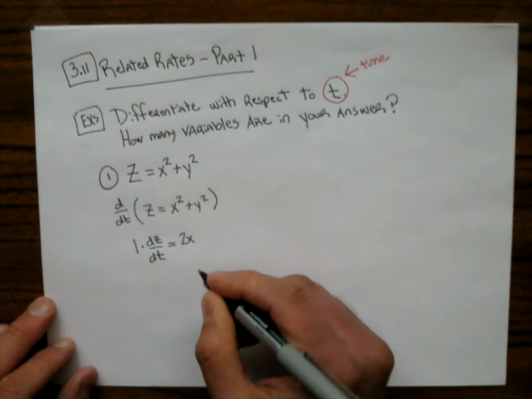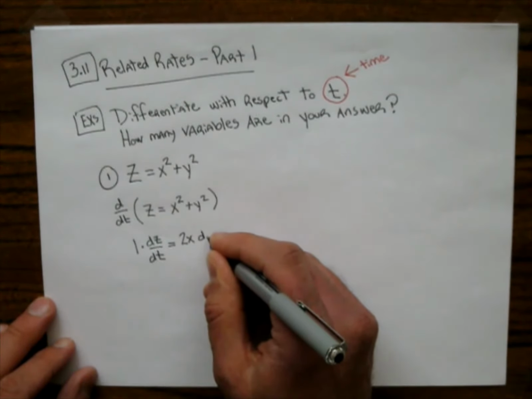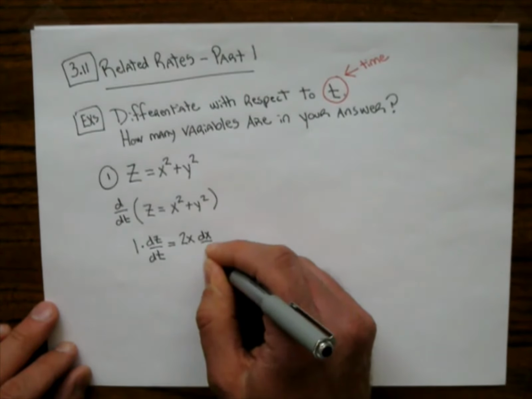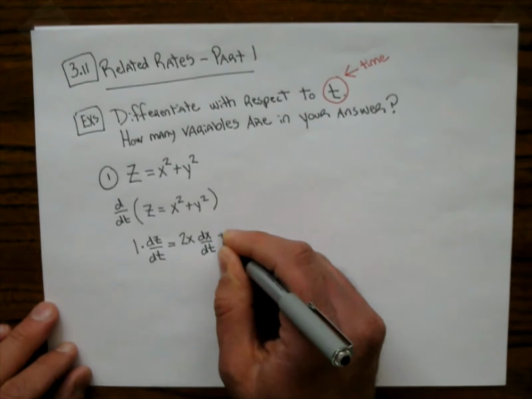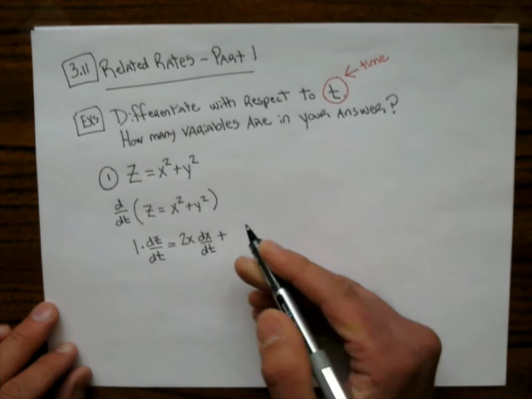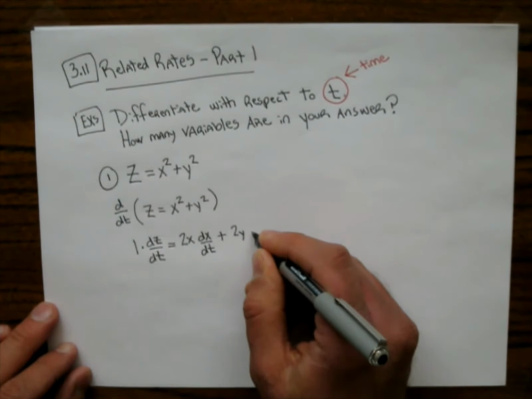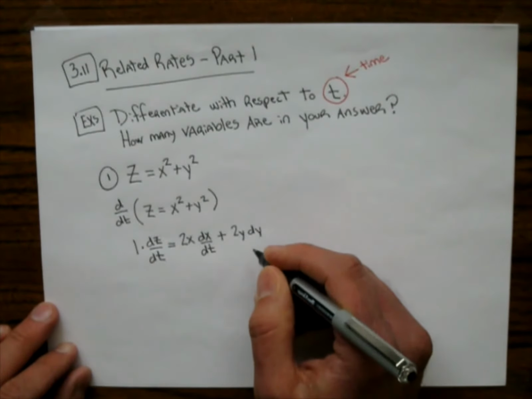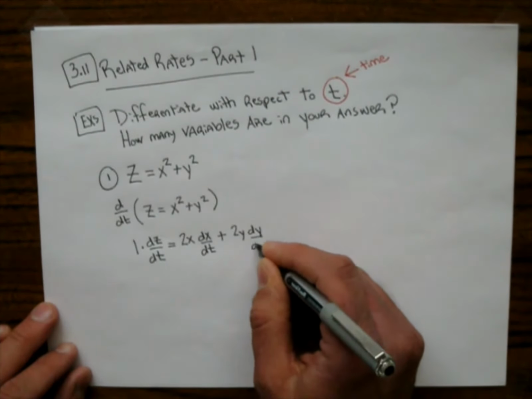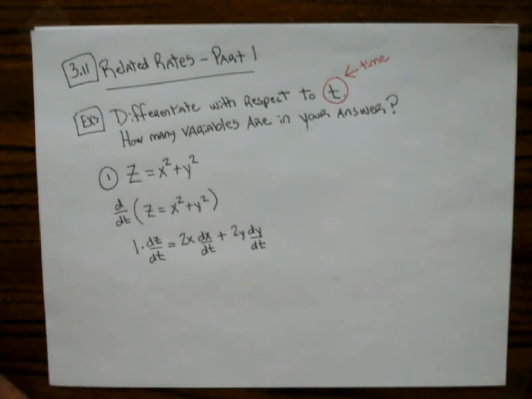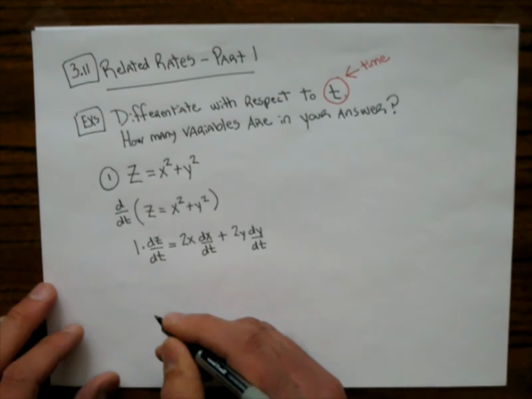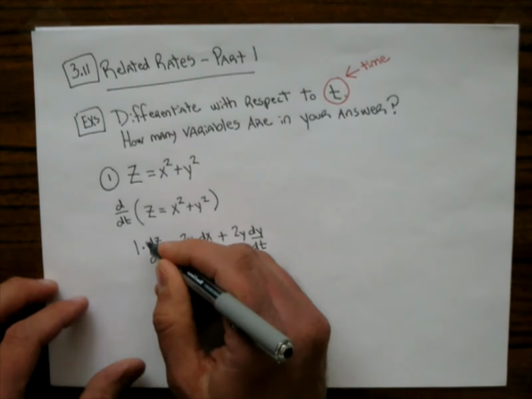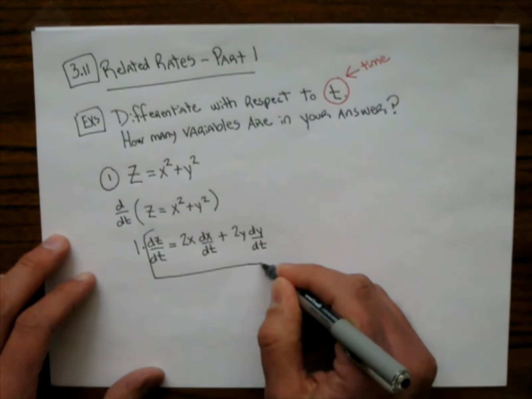So 2x, then we'd have dx dt. And then plus derivative of y squared is 2y dy dt. And so this gives us our answer, really. Let's go ahead and box this without the 1 in the front.